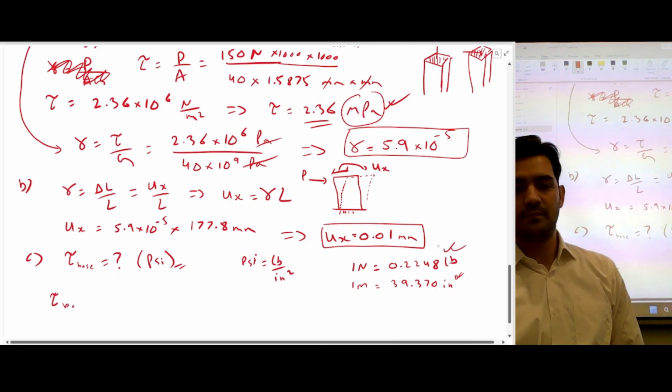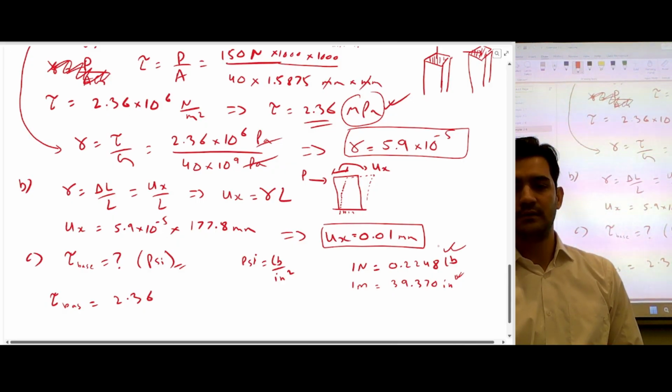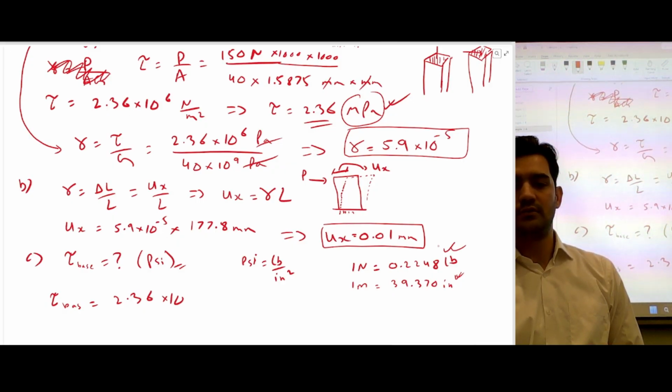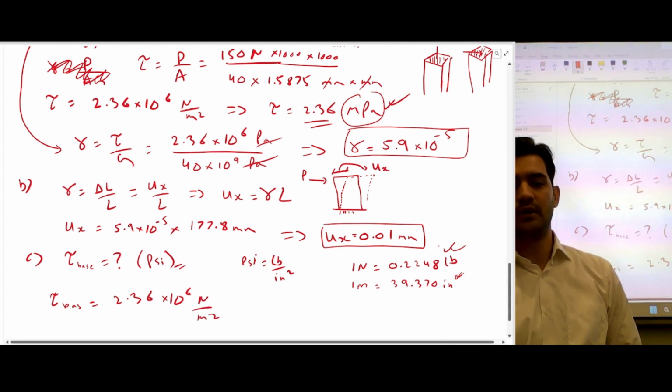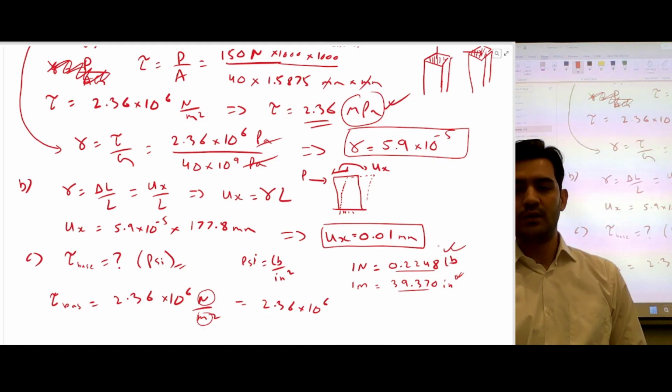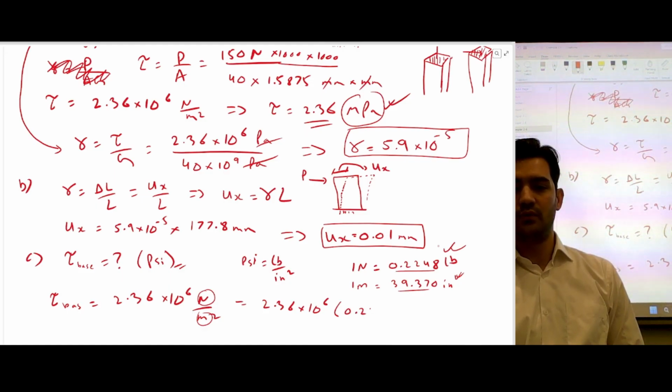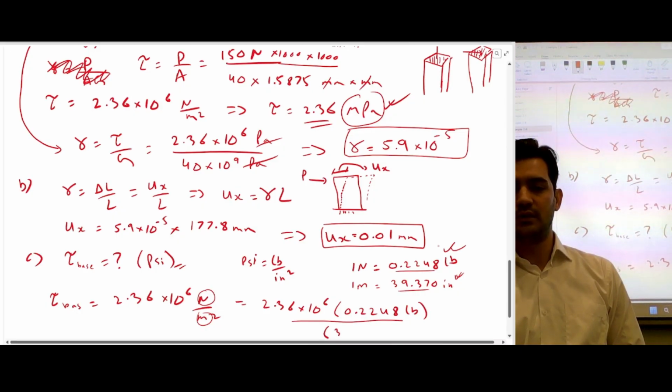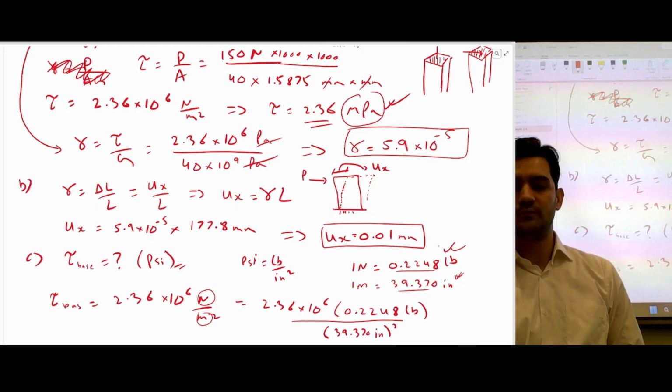So the stress at base would be equal to 2.36 into 10 raised to the power 6 Newton per meter square. And I'm going to change Newton and meter into these values: 2.36 into 10 raised to the power 6, 1 Newton is 0.2248 pounds, and 1 meter is 39.370 inch.